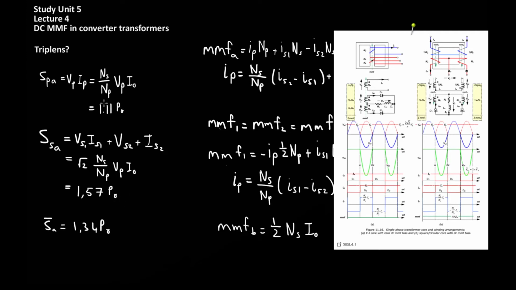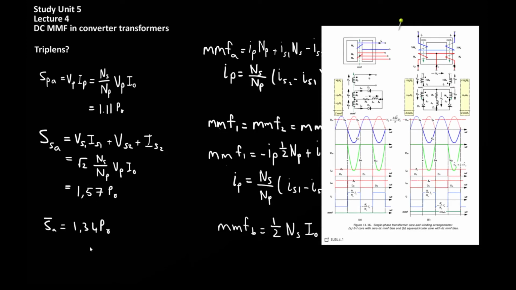What this means is that for a specific design that the designer would like to use, for a specific power output rating, the primary coil needs to be 11% larger than ideal, and the secondary coils need to be 57% larger than ideal. Finally, the overall power rating of the transformer needs to be 34% higher than the desired power rating.